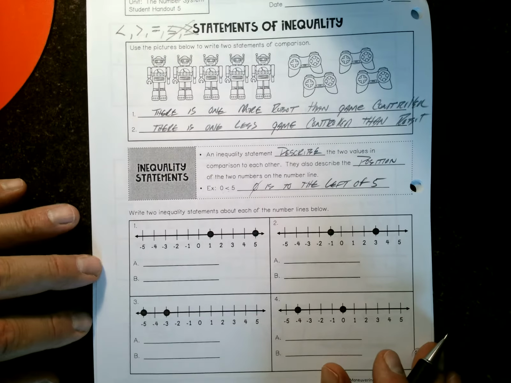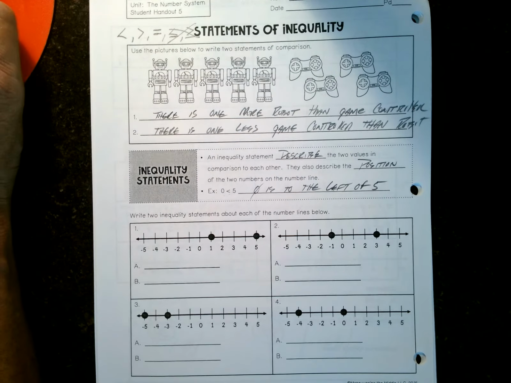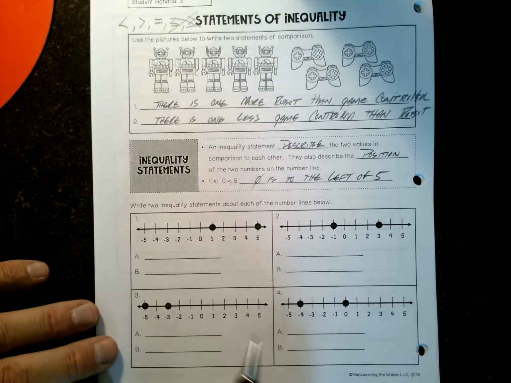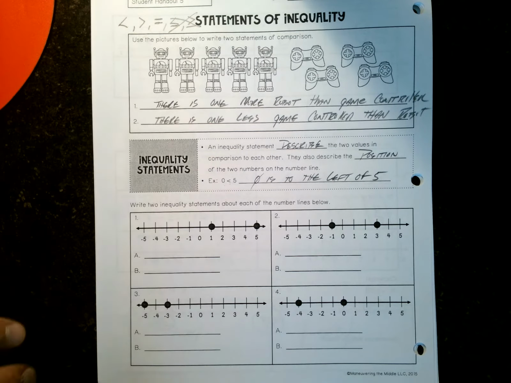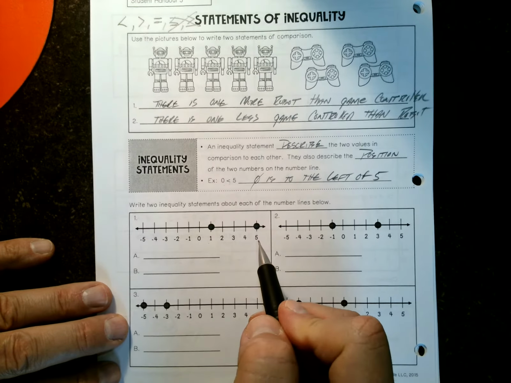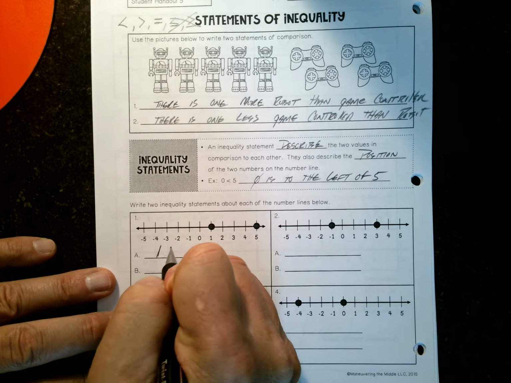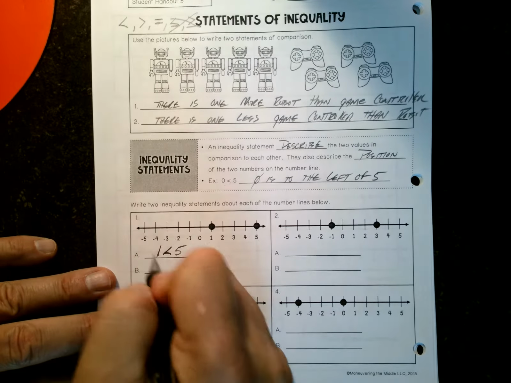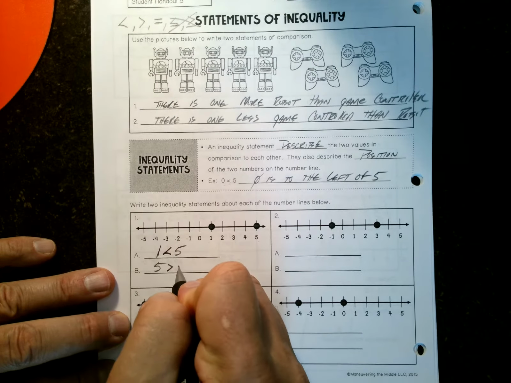Let's get a little bit more involved here and make sure my camera's okay. Write two inequality statements about each of the number lines below. So we have 1 and 5. 1 is less than 5, or 5 is greater than 1.